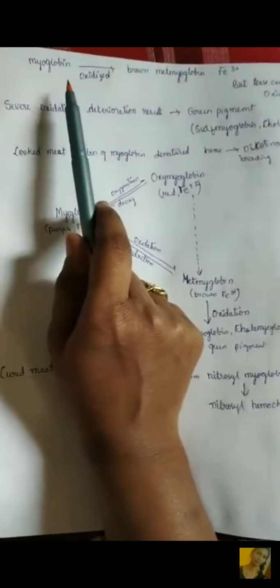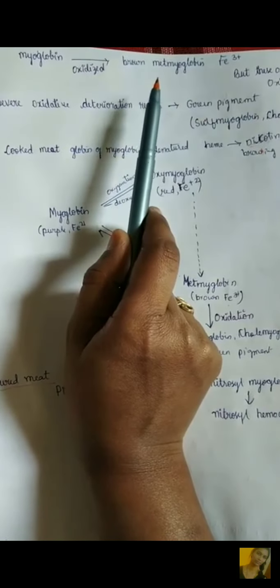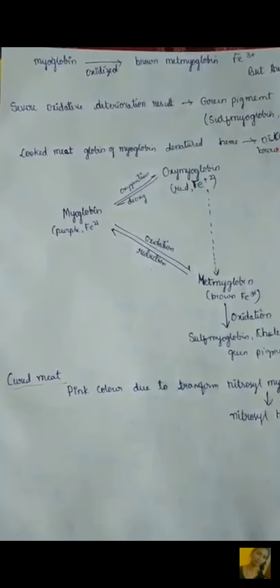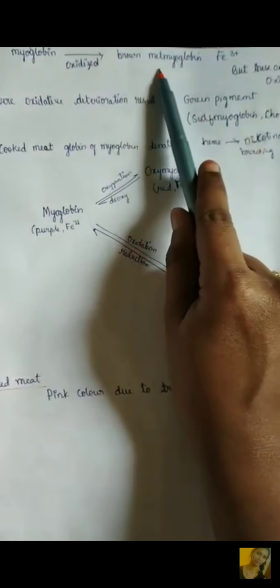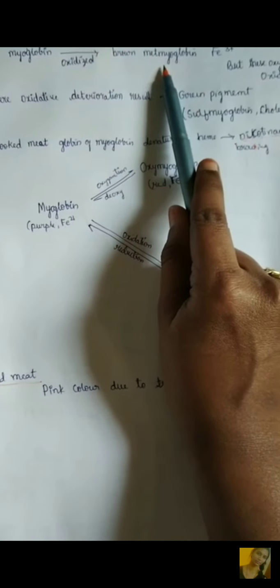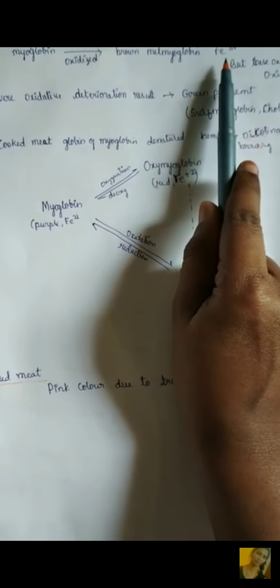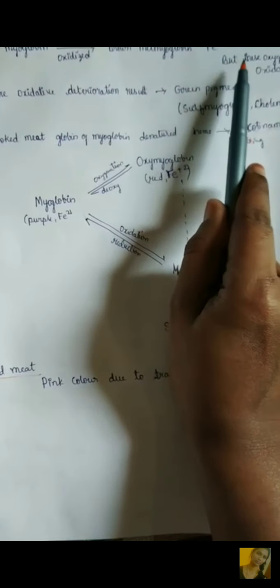Then when you cook the meat, what happens to the meat? The meat will turn into brown color because it is oxidized. When the meat gets oxidized, it will turn into brown color, and that is called metmyoglobin, in which the iron is in the form of Fe3+.